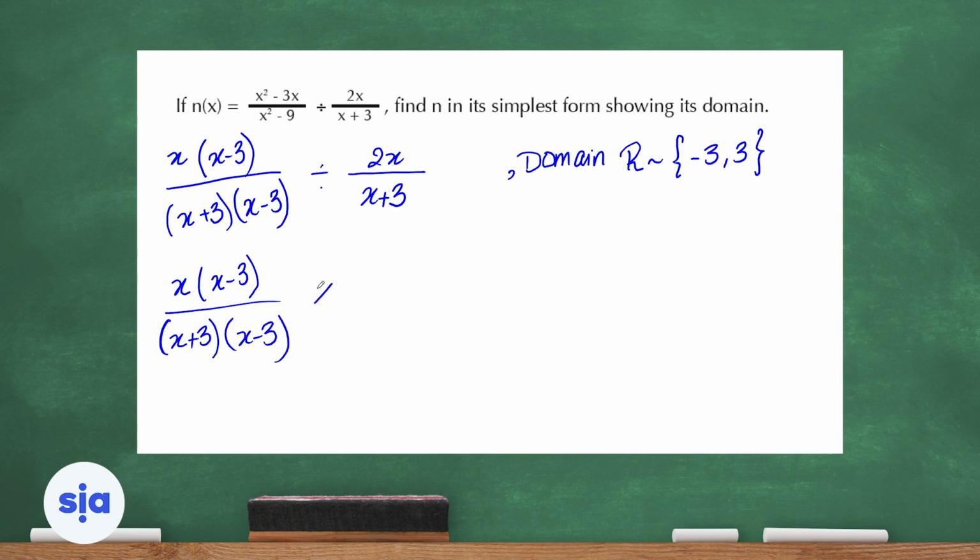We change the division sign into a multiplication sign, and then we flip the second fraction. Now let's simplify the x minus 3 with the x minus 3, the x plus 3 with the x plus 3, the x with the x. So the simplest form is 1 over 2.